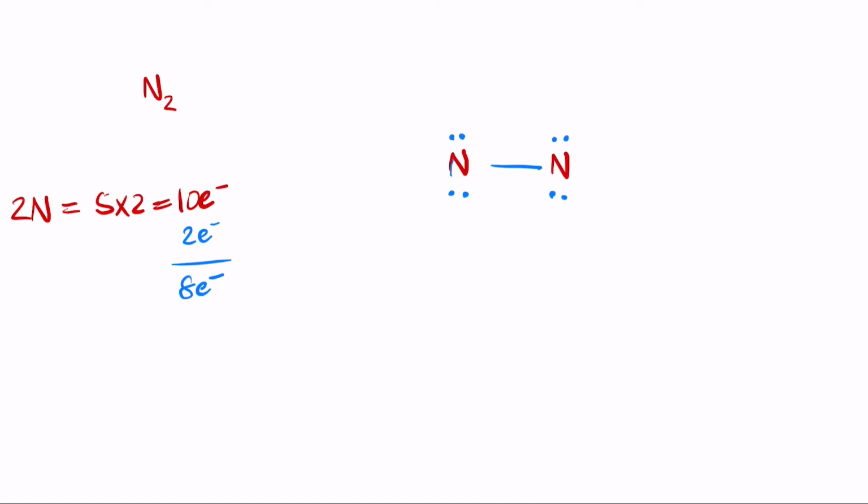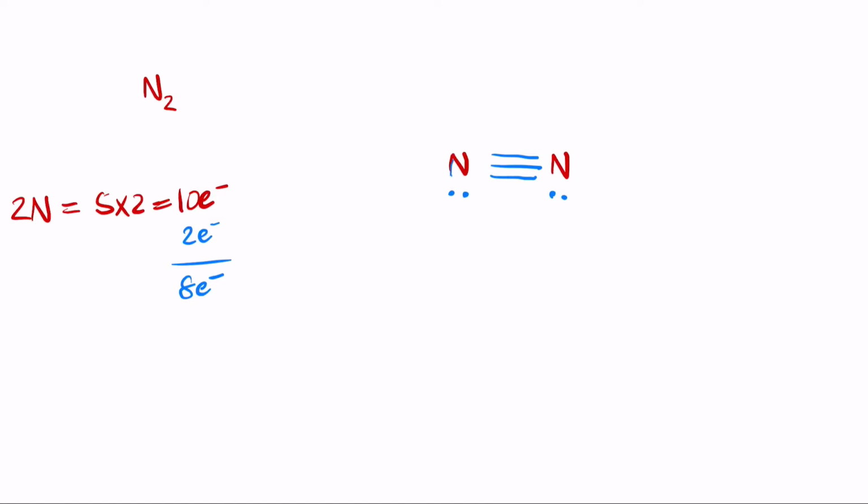So what do we do now is that we convert one electron pair into a double bond. Now even then it's not satisfied because this nitrogen only has 6 electrons. So what we do now is take another electron pair from the other nitrogen and convert it into another bond, creating the final triple bond.